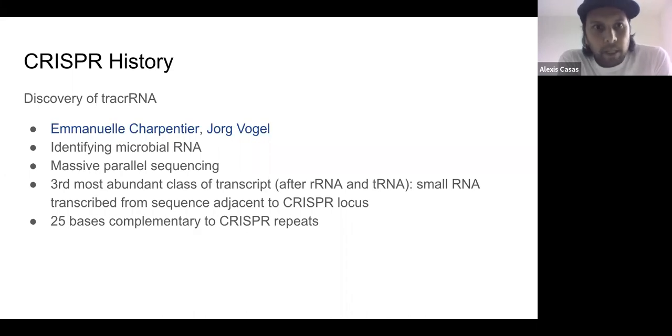What they found out is that after ribosomal RNA or transfer RNA, the third most abundant class of transcript is small RNA transcribed from sequence adjacent to the CRISPR locus, with 25 bases complementary to the CRISPR repeats. So they identified the tracrRNA. Next slide.